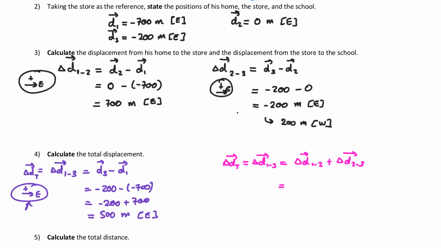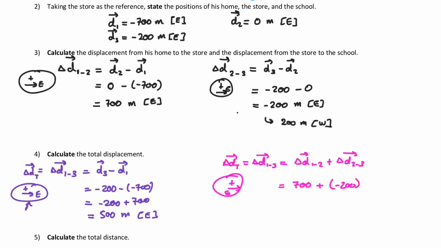Well, this is nice because I can use this method. I already have the displacement from 1 to 2. That's 700 in the positive east direction. So that's 700 plus I have the displacement from 2 to 3 as well. And this is saying negative 200 meters east. And we know that if east is this direction, if I'm adding that, I have to do negative 200.